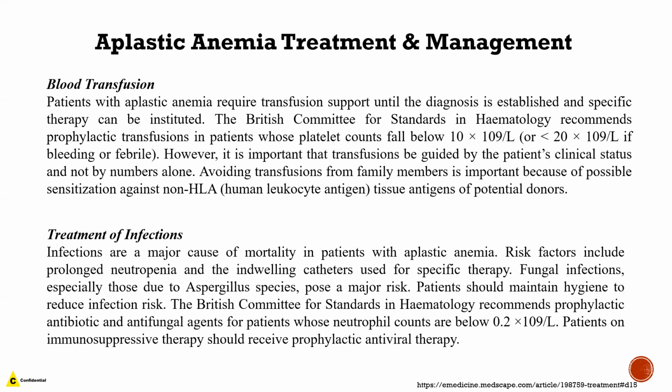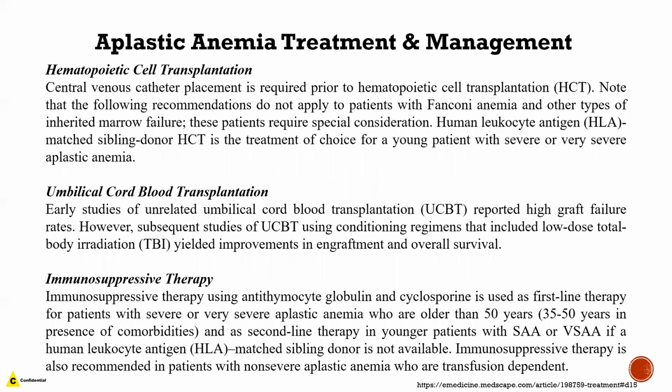Patients should maintain hygiene to reduce infection risk. Guidelines also recommend prophylactic antibacterial and antifungal agents for patients whose neutrophil count is below 0.2. Patients on immunosuppressive therapy should receive prophylactic antiviral therapy.